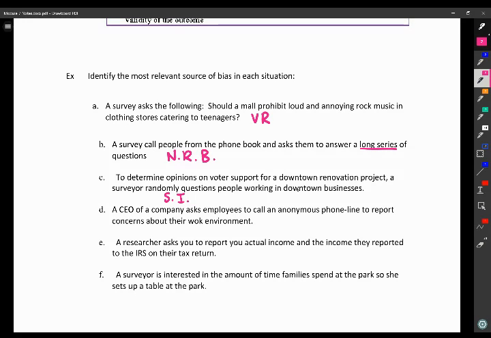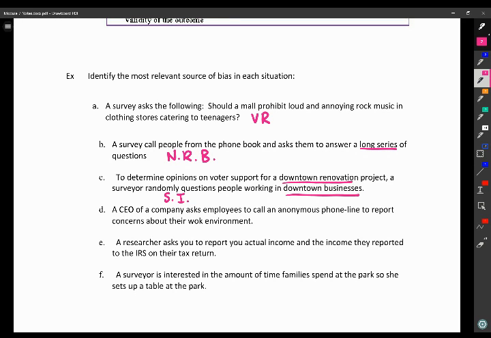But if you're asking people that aren't downtown, then maybe you're not going to get the same response. And so they're specifically targeting the downtown businesses. And so because these are the same, they both have the same interest, that's a self-interest bias.